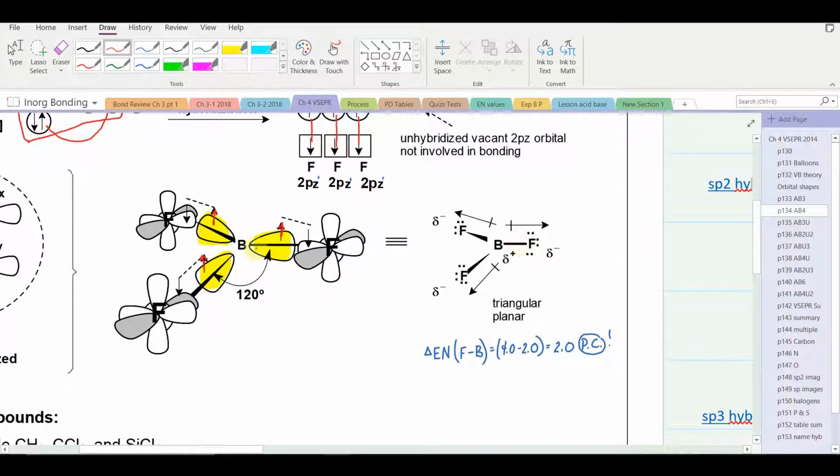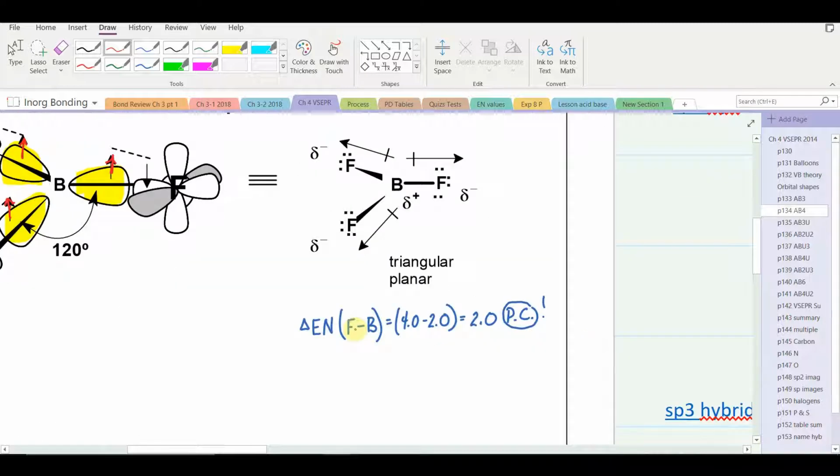The molecular geometry of the central atom would be triangular planar because there are 3 atoms or electron clouds surrounding it. The difference in electronegativity between the fluorine to boron bond is 4.0 minus 2.0, and that's 2.0, and that is very polar covalent.